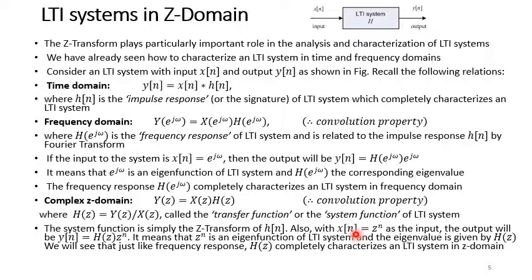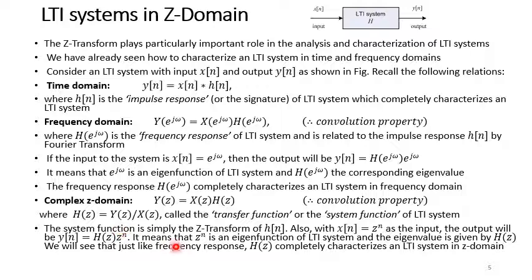So again, like we said, we take a complex exponential signal, find the output, and say that complex exponential signals are eigenfunctions of the LTI system. Exactly in similar fashion, if we have x of n equal to z to the n, then the output y of n will be equal to H of z times z to the n. That is again similar to the Fourier case, where if the input is a complex exponential, the output is a scaled version of it, and we said this is the eigenfunction.